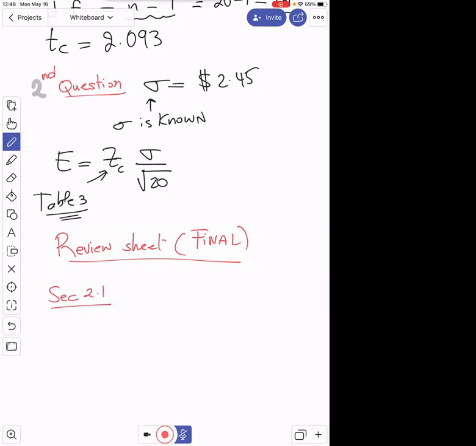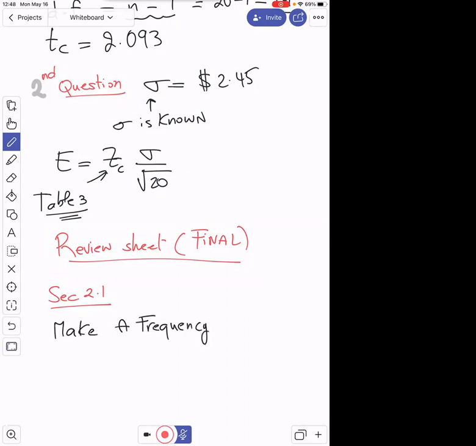So section 2.1 was about this frequency table, right? So the first and most important thing is, when you make this frequency table, you need to make a frequency table, etc.